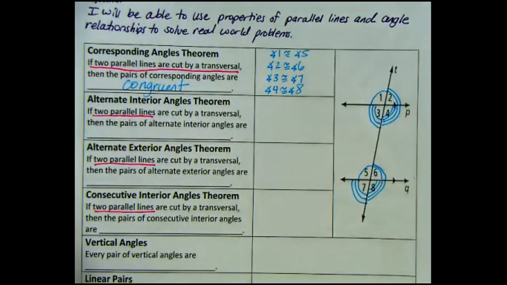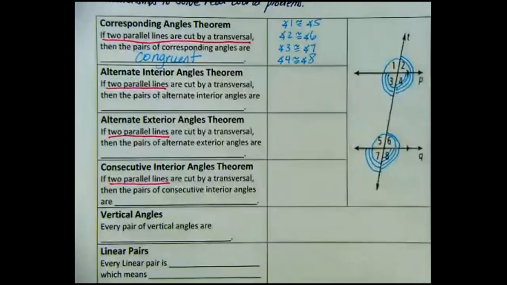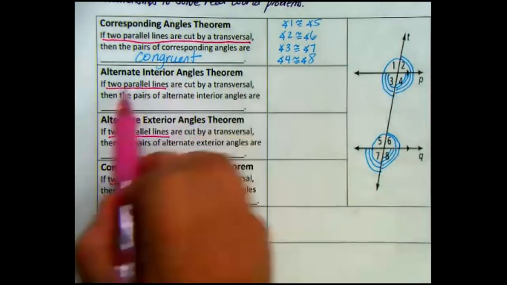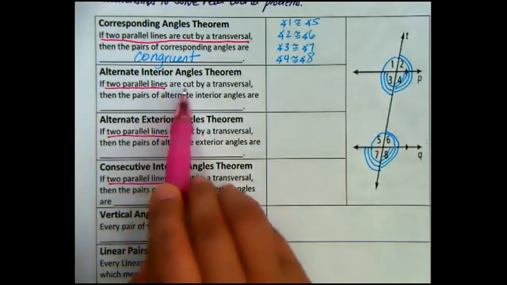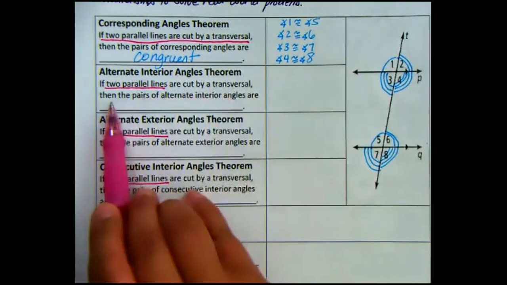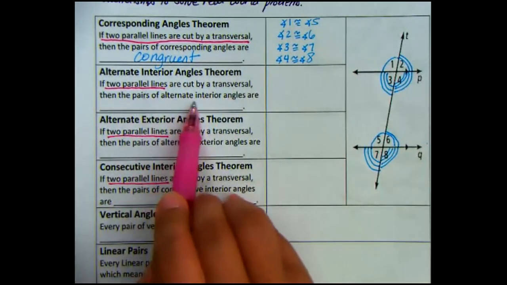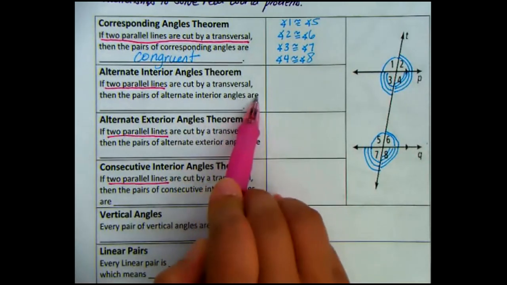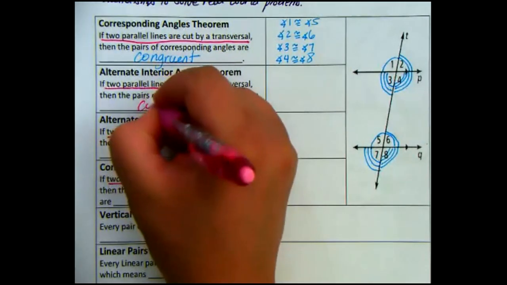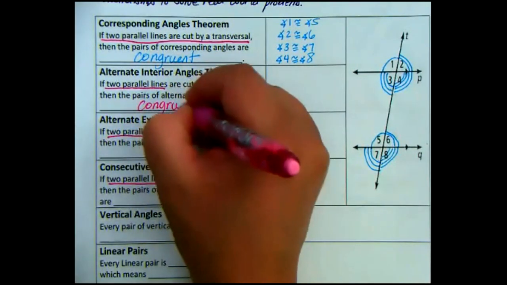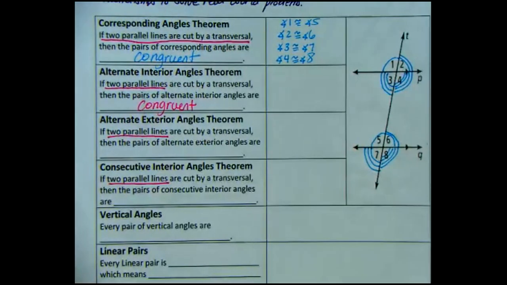Now, we have our alternate interior angles. If two parallel lines are cut by a transversal, then the pairs of alternate interior angles are congruent. Oh, look, another congruent.